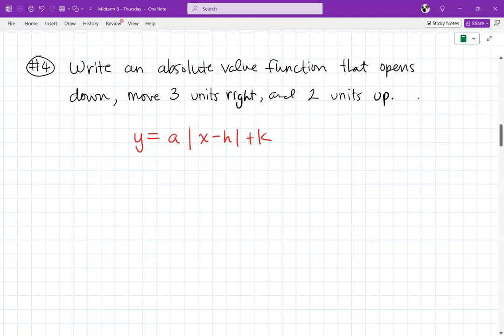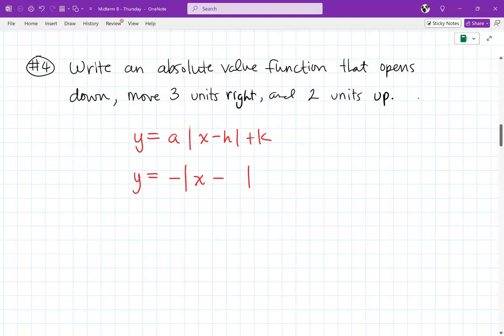Now, they say it opens down, but they didn't tell me by 2 units or anything like that. So it's just going to be a negative 1. It's just going to be a negative in the front. That means it opens down. It moves 3 units to the right, so this is going to be x. Now, if I'm moving to the right, it's going to look negative.